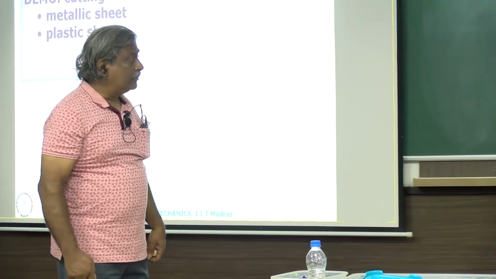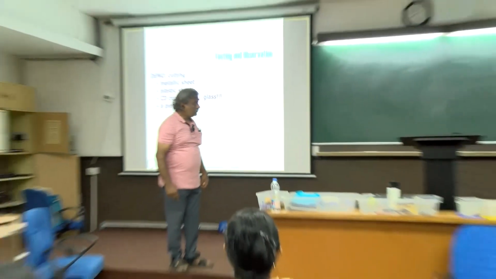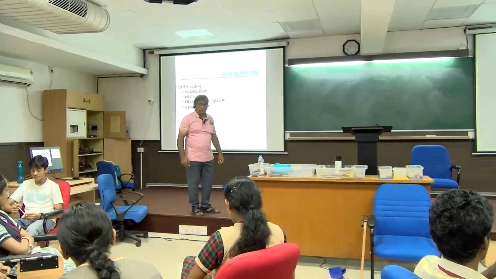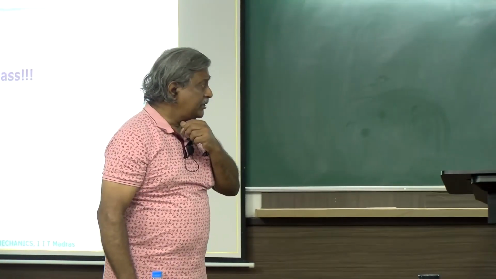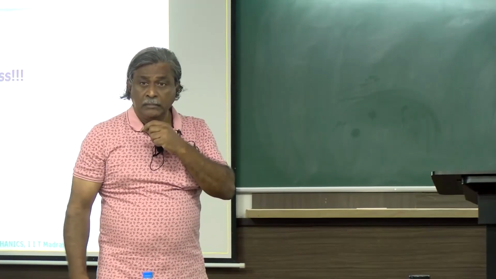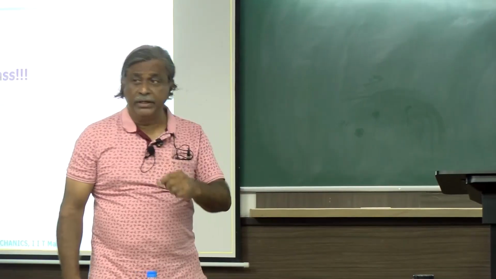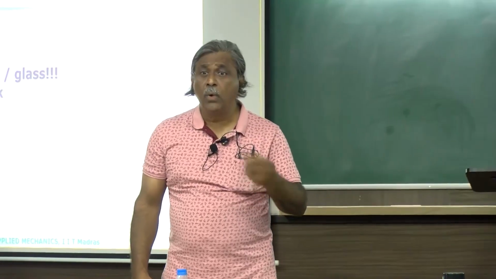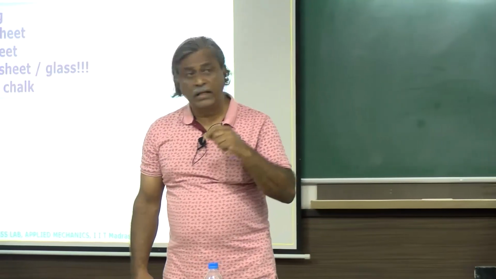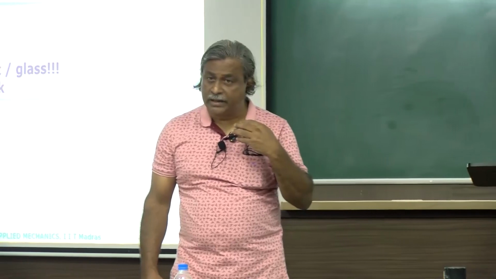We did the cutting. We were able to cut using a pair of scissors, a metal, plastic sheet. But when it came to CD cover, we could not cut it properly. Why? That's a question that arises in our minds, correct?